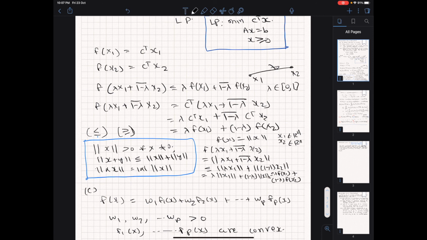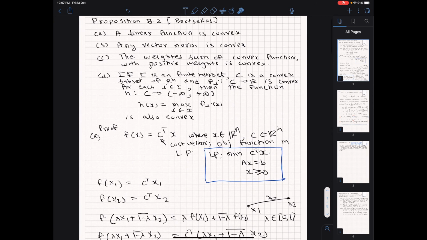When I use the less-than-or-equal-to statement, I get the fact that it is convex. But I could have also said that it is greater than or equal to, in which case effectively I would have stated that it is concave also. So therefore a linear function is both convex and concave.